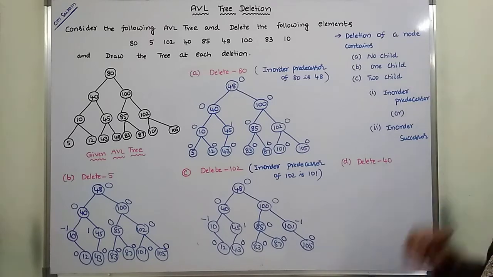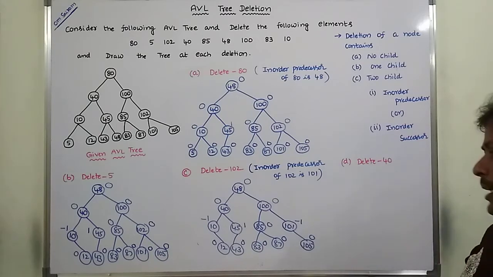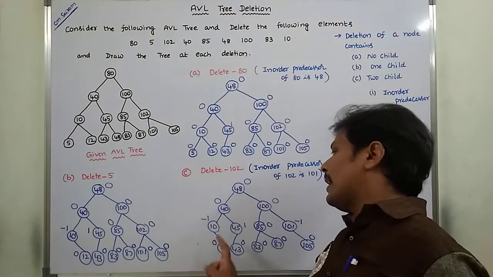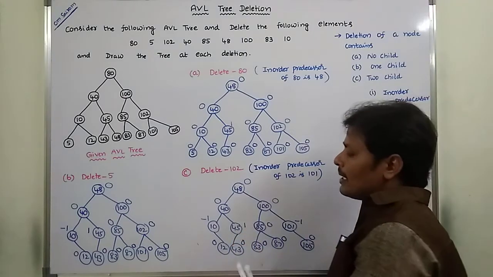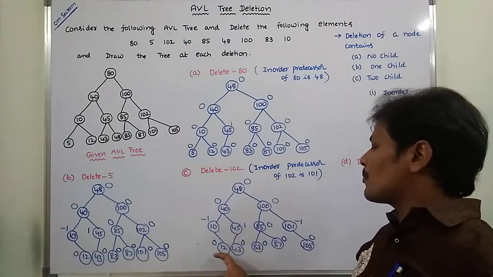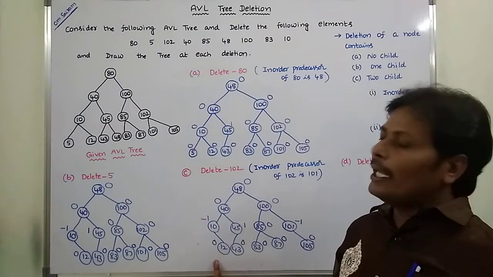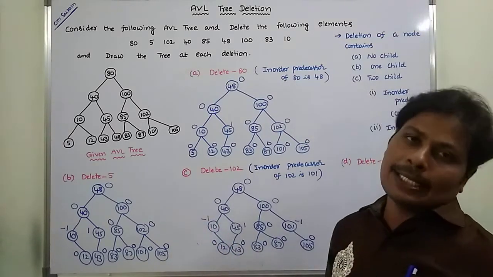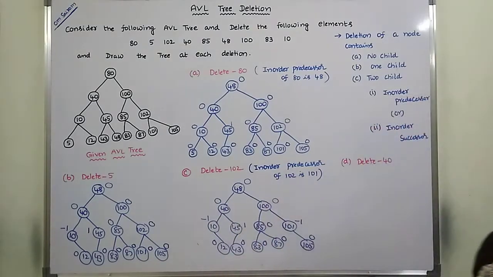Now I am considering the in-order predecessor, which means the maximum element in the left subtree. For the node 40, the left subtree contains only two elements, 10 and 12. In that, the maximum element is 12. Now 40 can be replaced with 12.